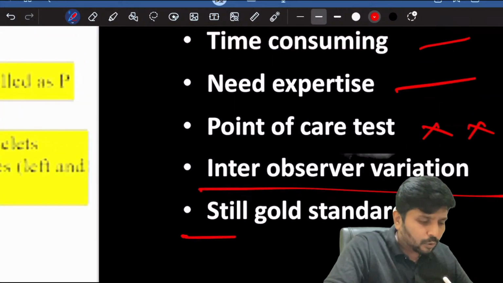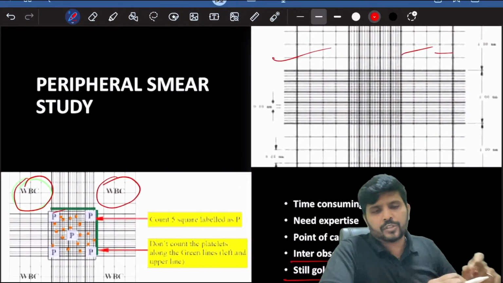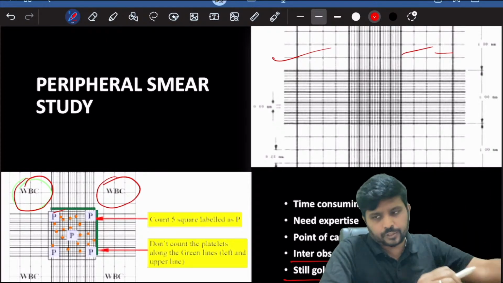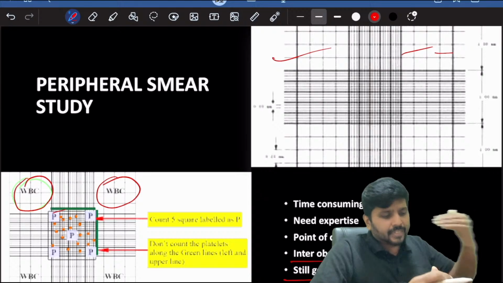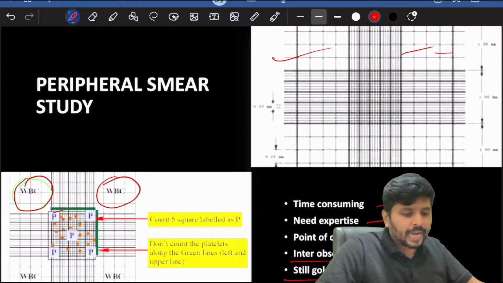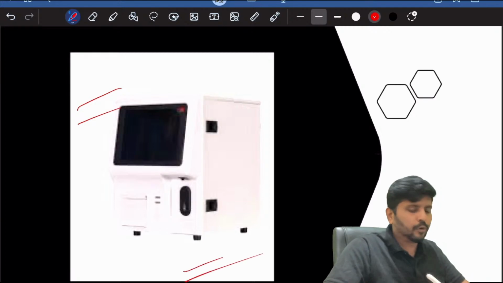Even though it is a gold standard test, we are not using the Neubauer chamber nowadays, because it has been replaced by something called automated hemogram.